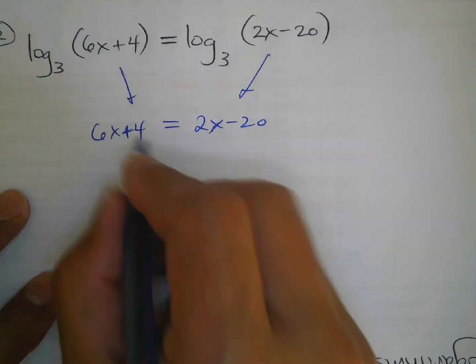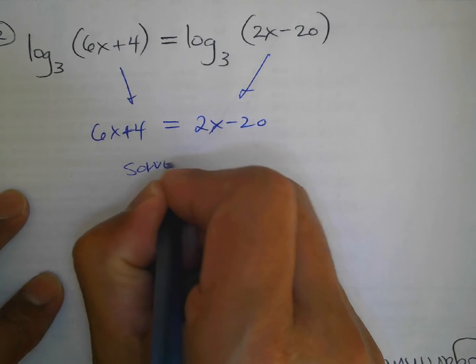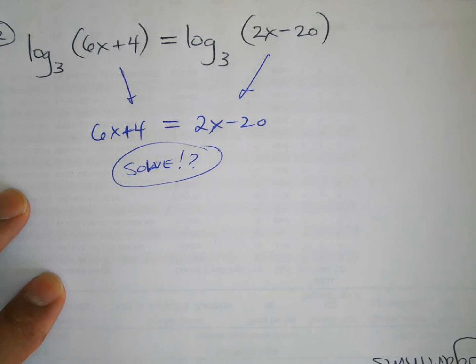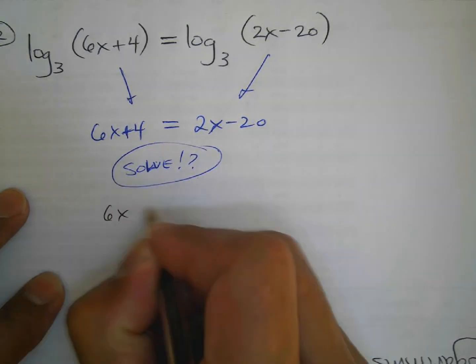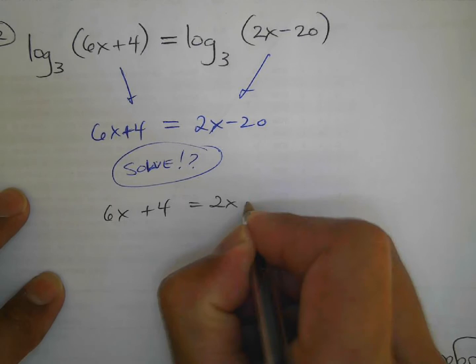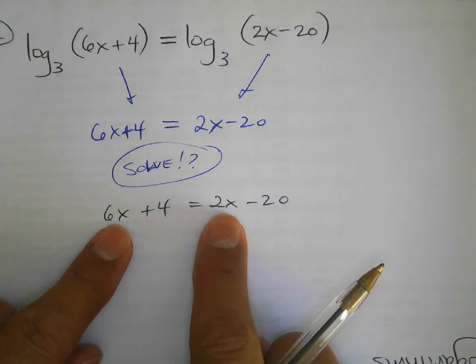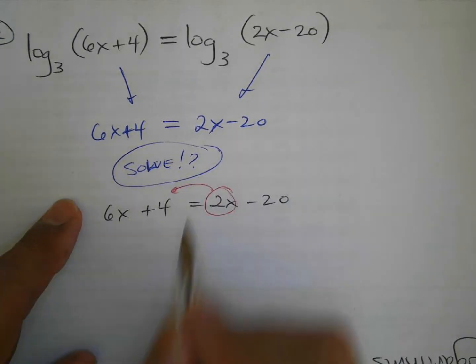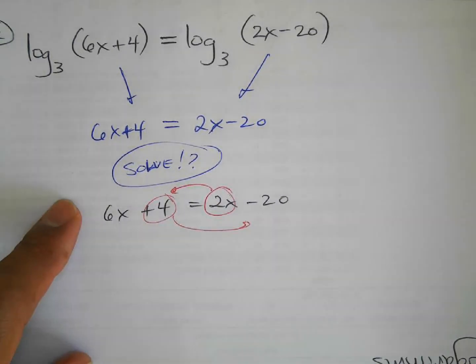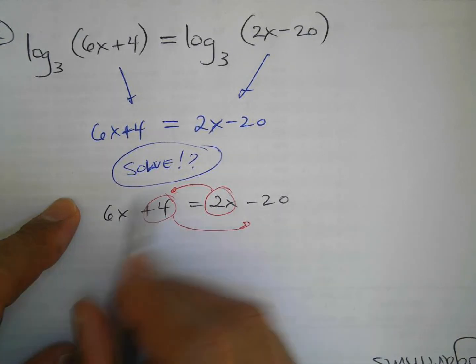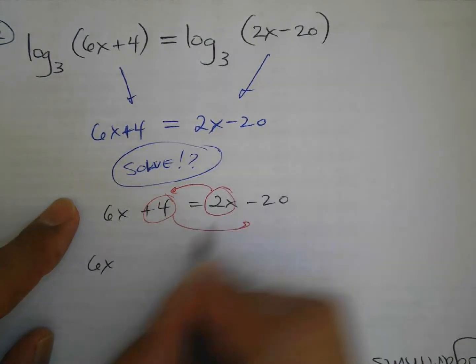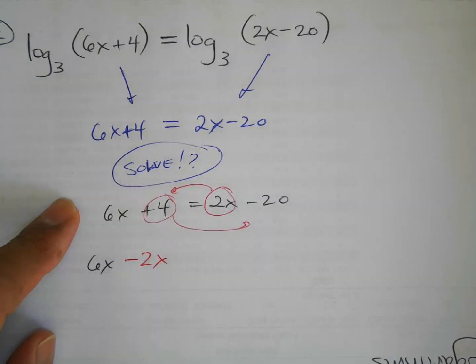So how do you solve this? Well, 6x plus 4 equals 2x minus 20. We want to get the variables on one side and the numbers on the other side, so I'm going to move this positive 2x over here. So this will be 6x minus 2x, because I moved it from this side to this side, so it changes sign.